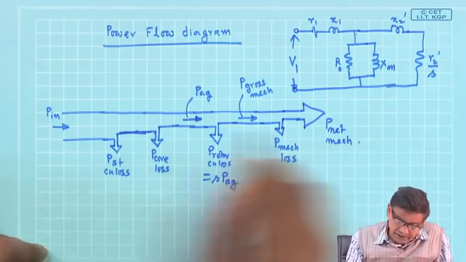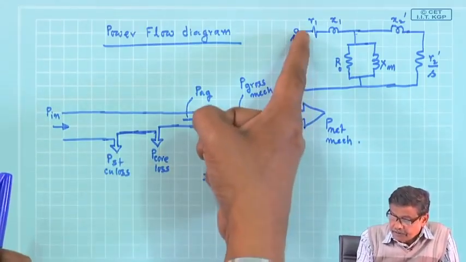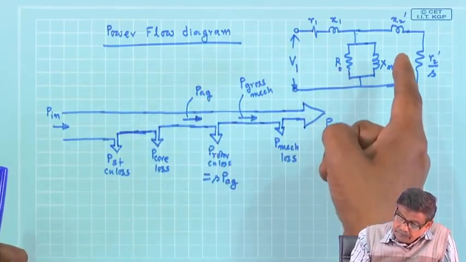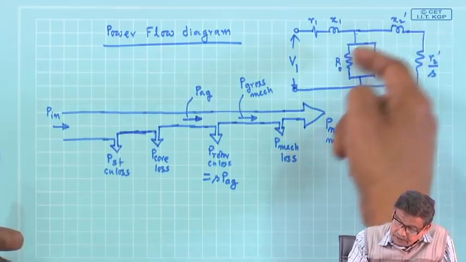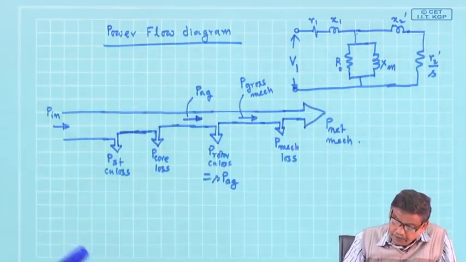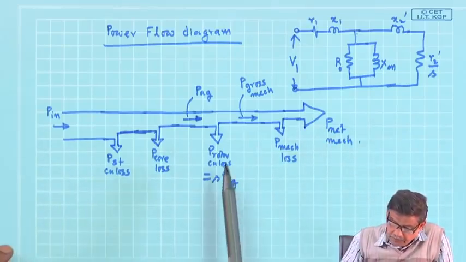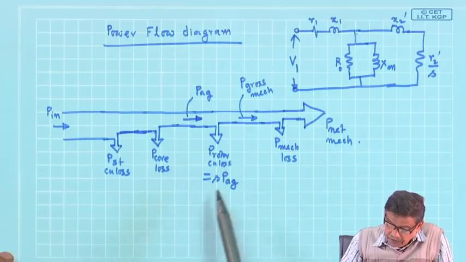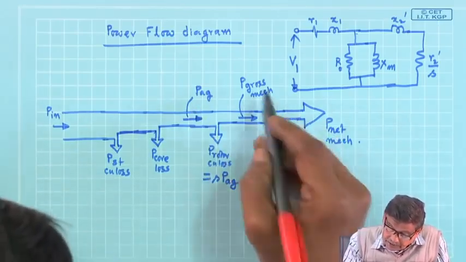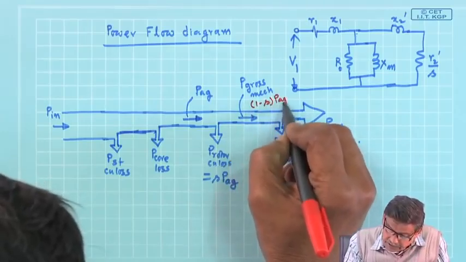This is the exact thing, no doubt about it. Input power, subtract stator copper loss and core loss component, then the remaining power enters into the rotor; air gap power crosses the air gap as if and enters into the rotor. From that you subtract rotor copper loss, which happens to be S times PAG, and the mechanical loss is 1 minus S into PAG, we have done this several times.